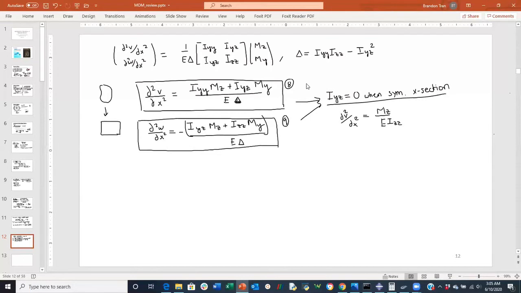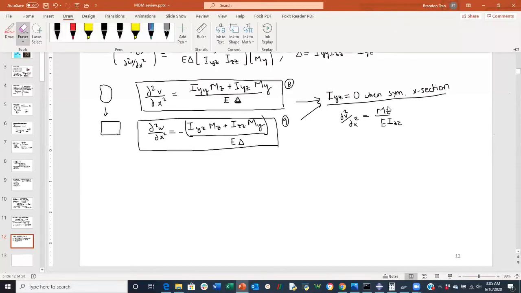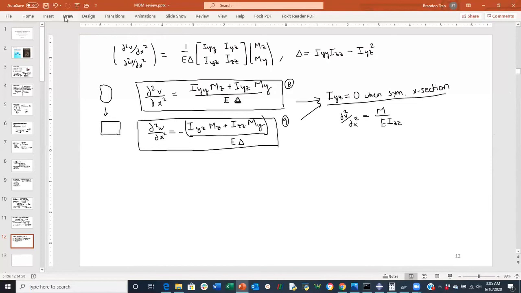Let me draw this so that this z looks more like a subscript, but this is the governing equation for second order deflection with respect to x being a function of the moment, Young's modulus, and inertia. If you drop the subscripts here, you'll get something familiar from mechanics of materials. And same thing if you make the cross second moment of inertia equal to 0 here, you get the equivalent for the displacement in the z direction. So another overlapping consistency with equations we've seen in basic mechanics of materials.